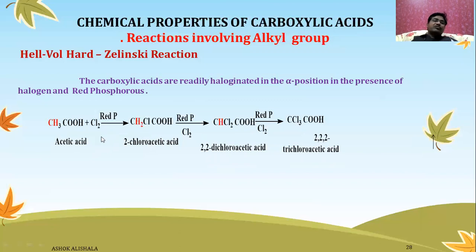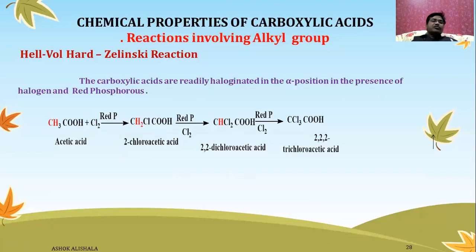What you have to remember is that all alpha hydrogens, that is, hydrogens present at the alpha position, are substituted by chlorine in the presence of red phosphorus. This reaction is called the Hell-Volhard-Zelinsky reaction.